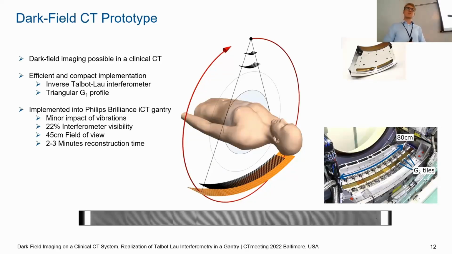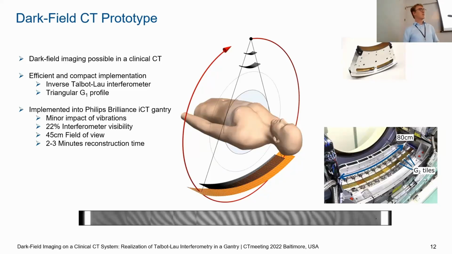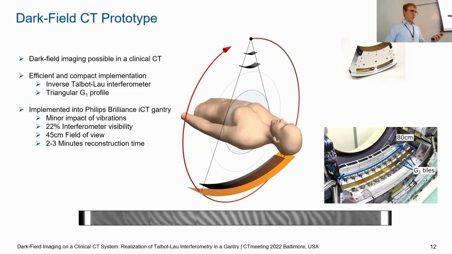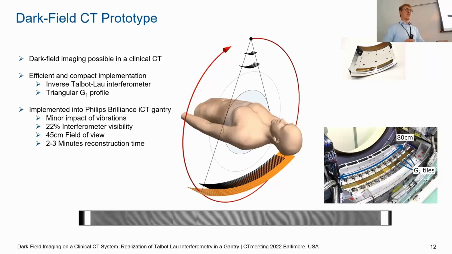Thank you. I have several questions about the technical aspects. You said it's operated at 80 kV. How about the 120 kV performance? What visibility did you get? For example, the majority of CT is performed at that higher kV. And second, how do you do the phase retrieval? For the first question, these gratings are optimized for 80 kV, which is particularly important for this triangular grating, which performs best at 80 kV. If we go to higher energies, we by design get a lower visibility.